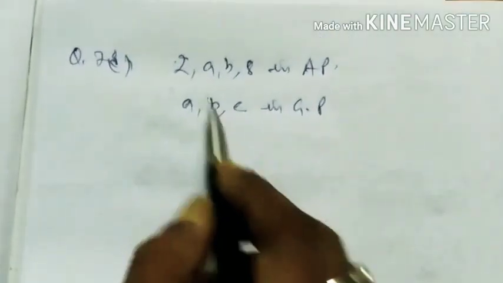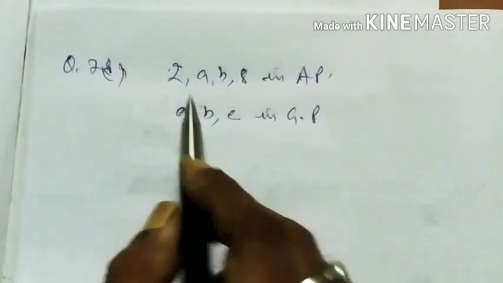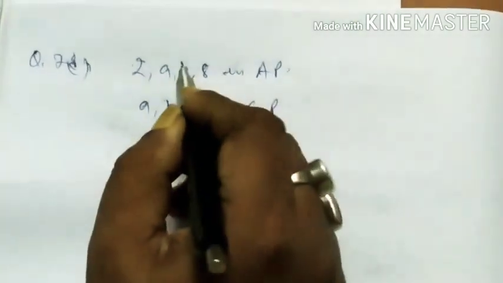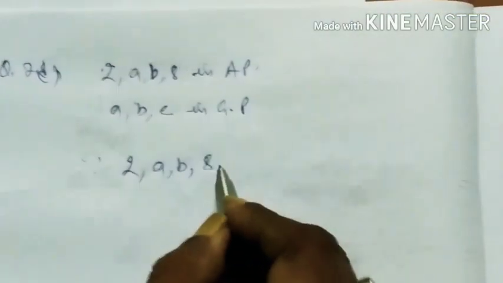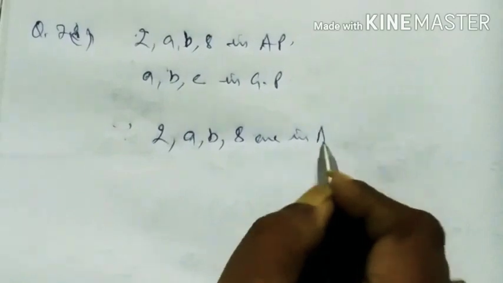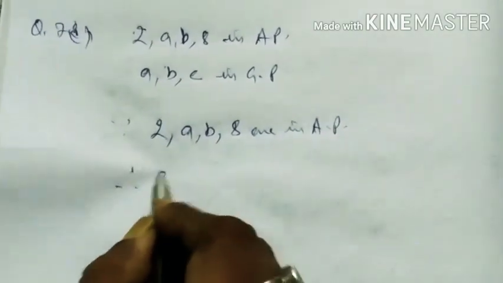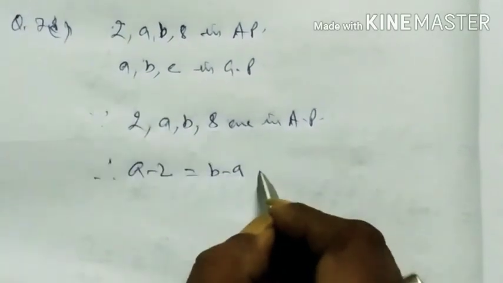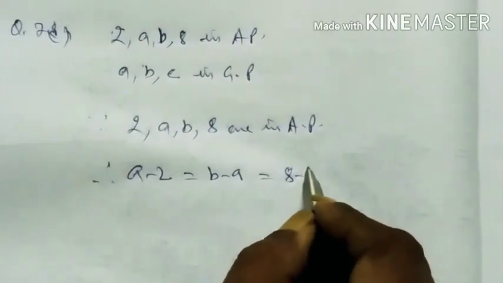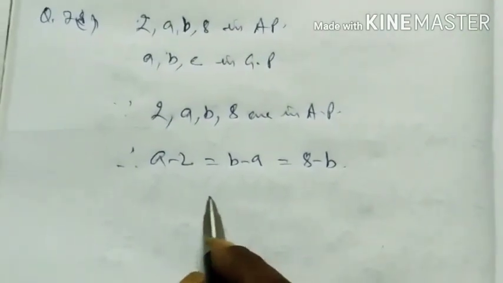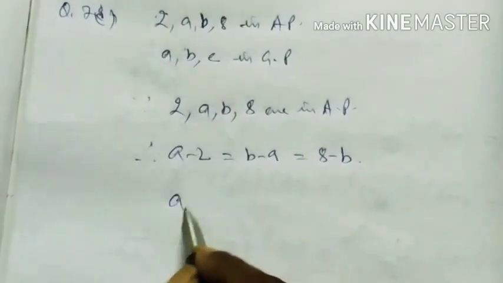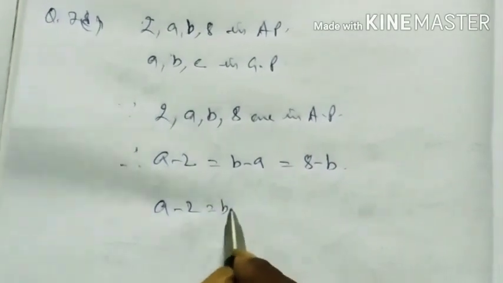You have to find A, B and C. Now see, since 2a, b, 8 are in AP, therefore b minus 2a is equal to 8 minus b. Now let me do one thing, that is let me do b minus 2a is equal to 8 minus b.